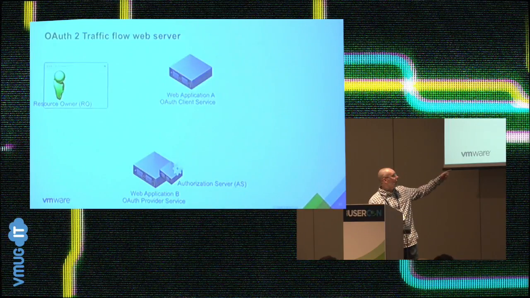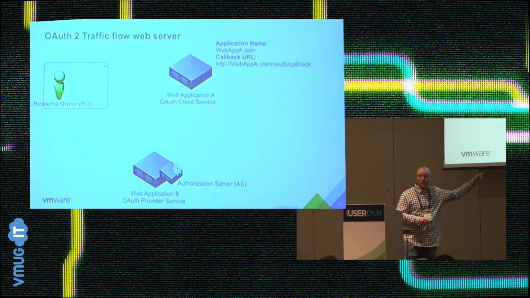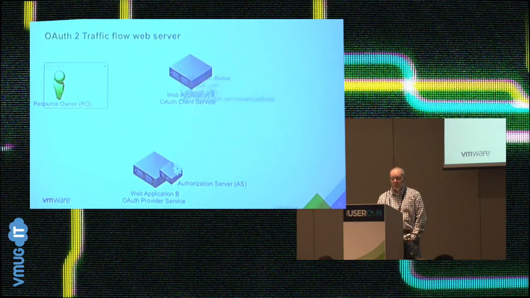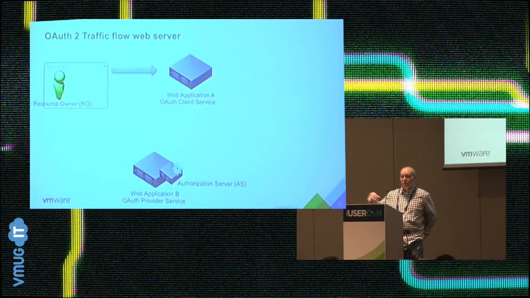This could be my bank web page, for example, web server, the application B. What has to be done first is that the admin of web app A registers on application B. And then application B generates a client identifier and secret. This is used by application A to at all communicate with web server B.